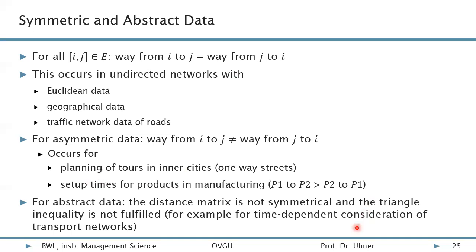So waiting and then going might be faster, even though it is more of a detour. So travel time in this hour is longer, at least in theory. The more abstract, the weirder it gets and the more difficult also to solve these problems. Anyway, we will mainly focus on symmetric data and therefore on nicer, cleaner problems.